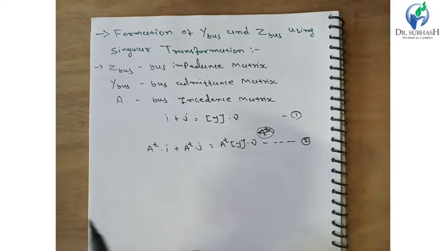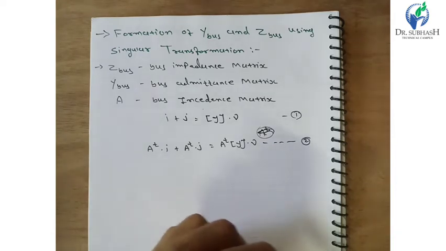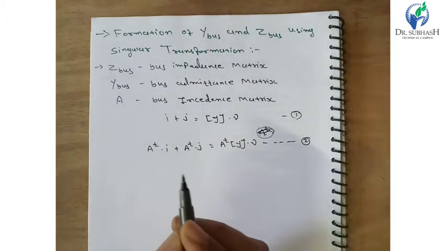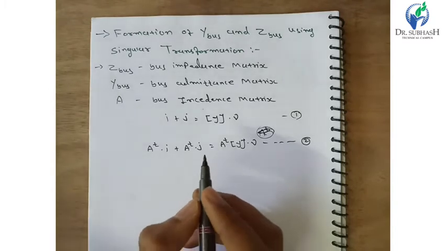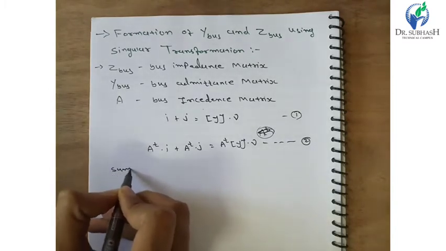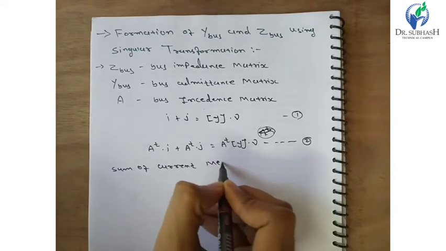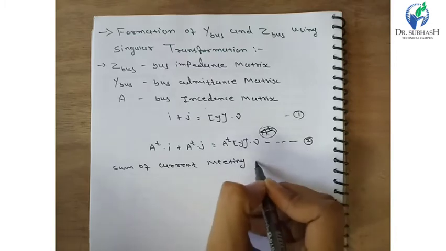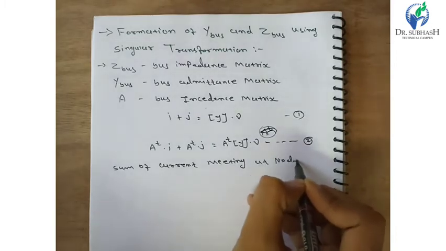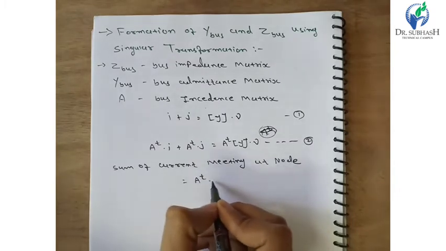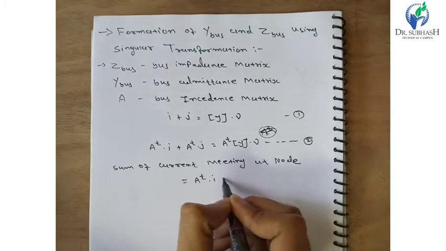Here we use Kirchhoff's current law, which represents that the algebraic sum of all currents meeting at any node must be equal to 0. So for the sum of the currents meeting at a node, A^T into I is equal to 0.